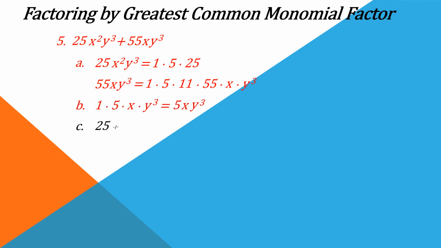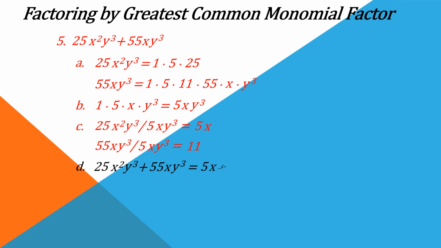Then we take the quotient of each term for this factor 5xy cubed. 25x squared y cubed divided by 5xy cubed is equal to 5x, and 55xy cubed divided by 5xy cubed is equal to 11. So our final factor is 25x squared y cubed plus 55xy cubed is equal to 5xy cubed multiplied by 5x plus 11.